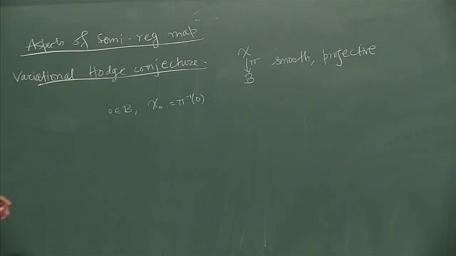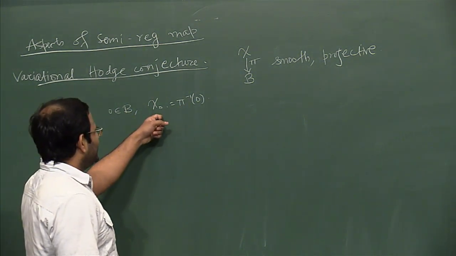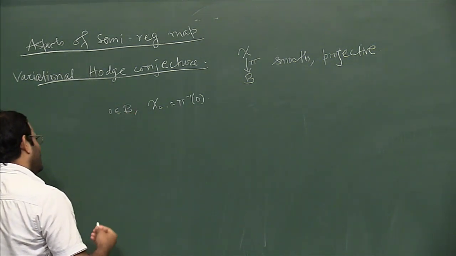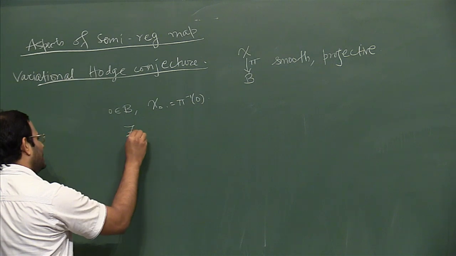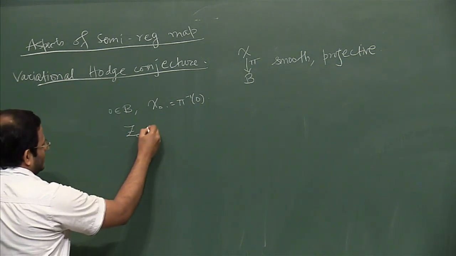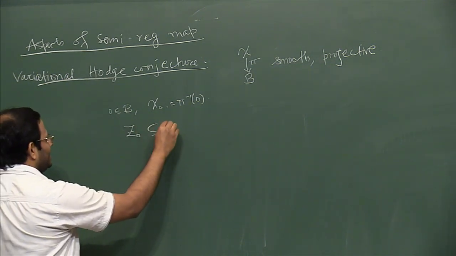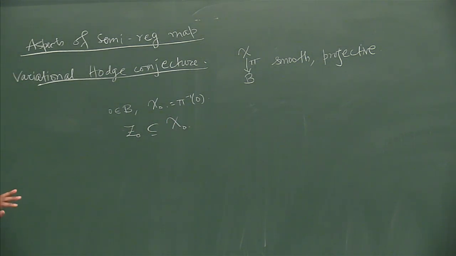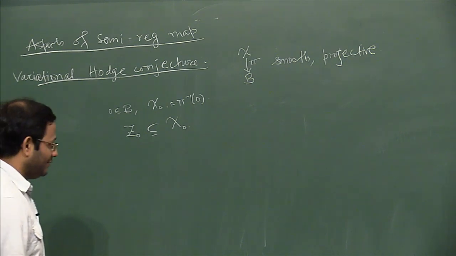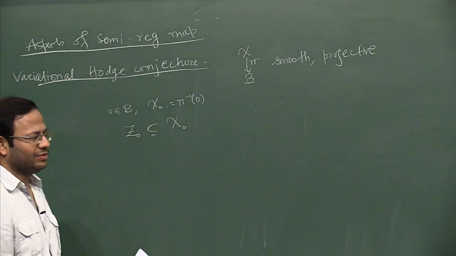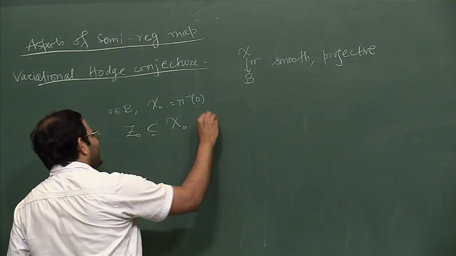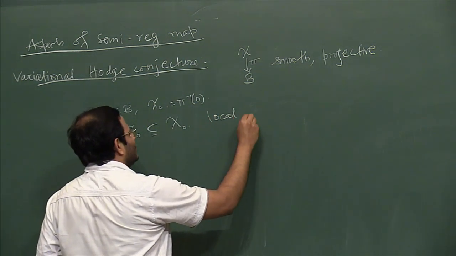Since this is a smooth projective variety, there is a Hodge decomposition, and what we are interested in is a closed subvariety. In my talk, the conjecture is stated for any subvariety, but I will write it in the setup that we will study in this talk. So, let me restrict to the case that this is a local complete intersection.